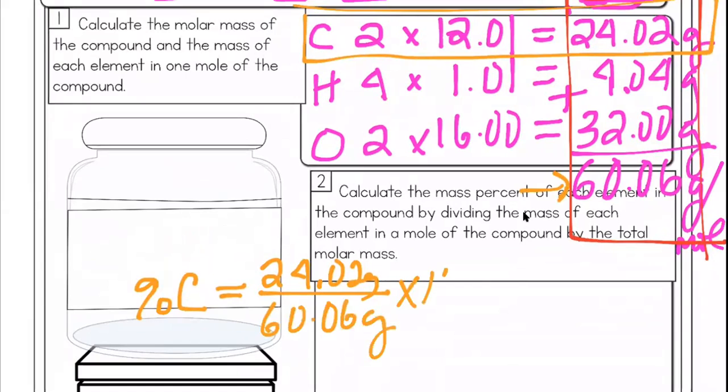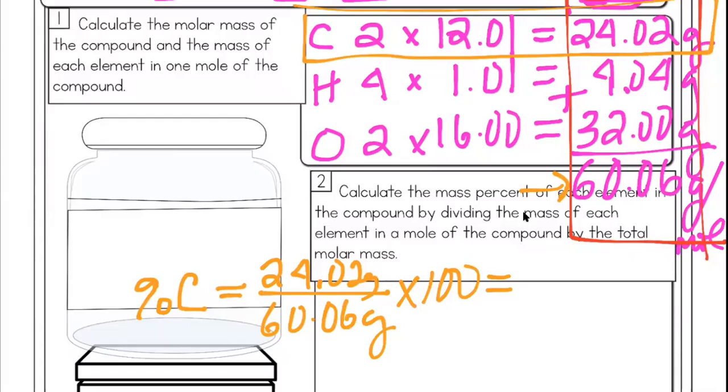And then I multiply by 100. And that's going to give me the answer for the percentage of carbon. Okay, so I would do 24.02 divided by 60.06 and then multiply by 100. And that's it. I'm done with carbon. And then now I have to do the same process for the hydrogen and the oxygen.